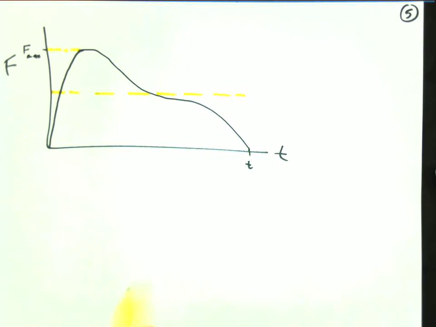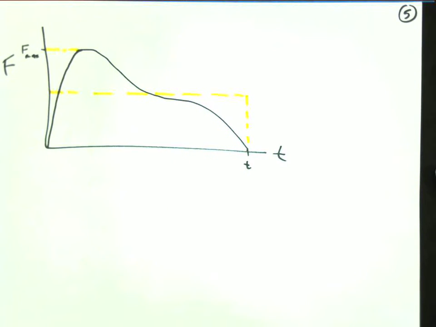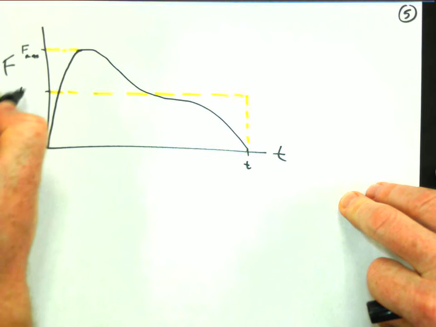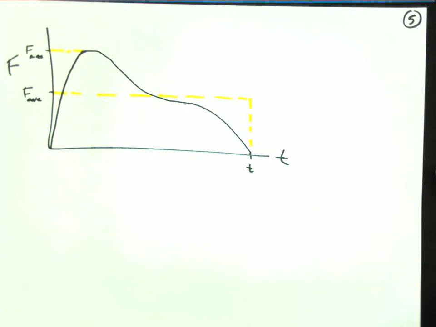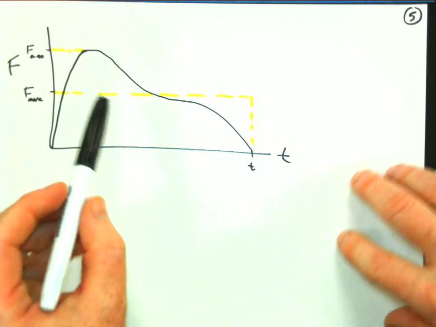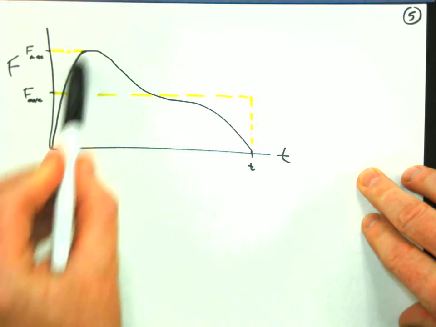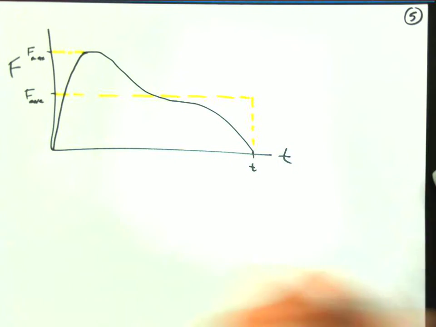And so I'm going to do that, and I'm going to bring this down to the time. I'm going to mark this as force average. And this is cool because now the reason I can say this is the average is it's almost like I can take this amount up here and use it to fill in this that's missing, and I get an equal amount.